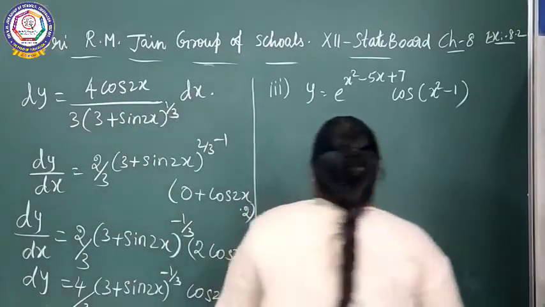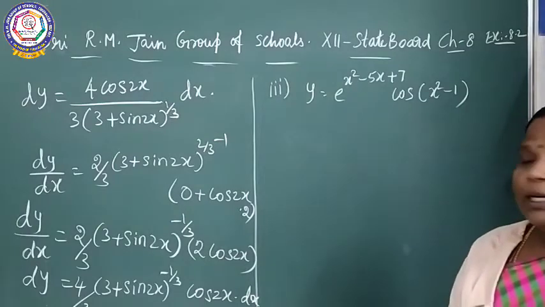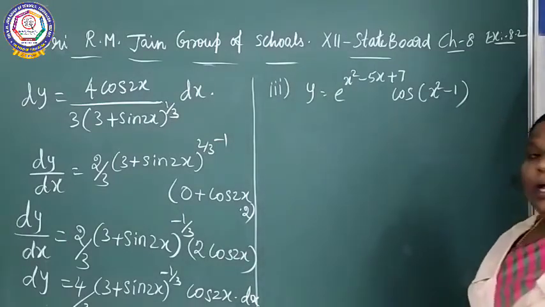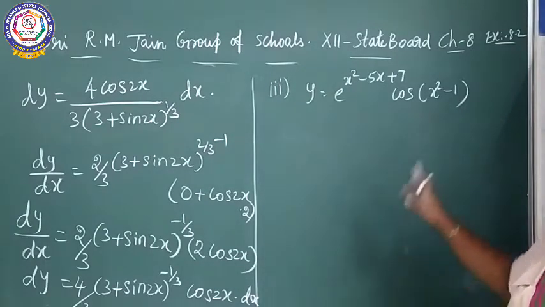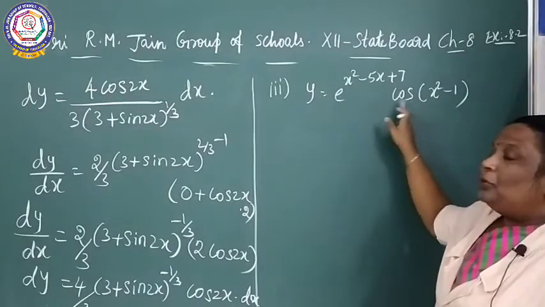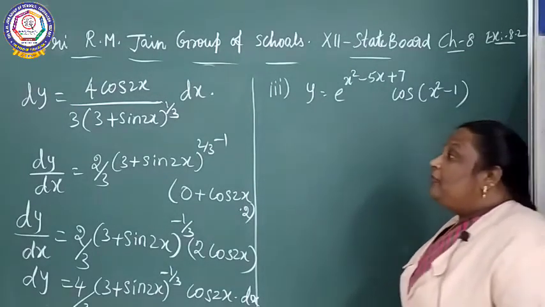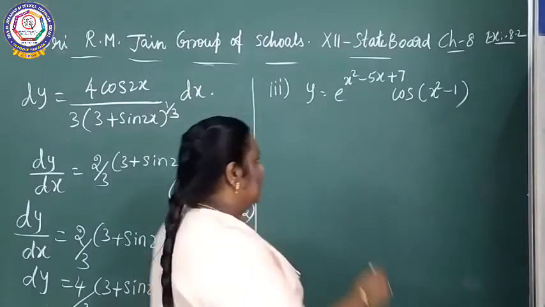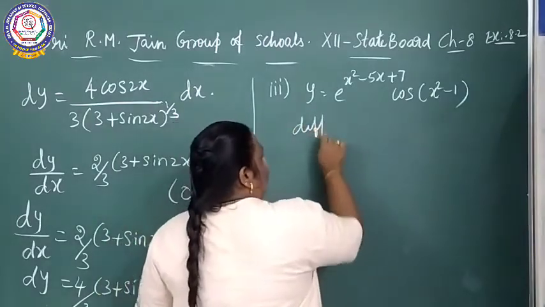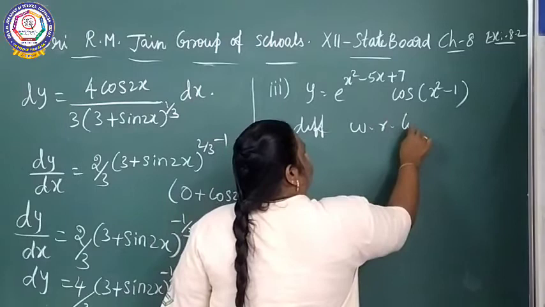Move on to the third one. What is the third one? Y equal to e power (x square minus 5x plus 7) into cos of (x square minus 1). It is a product rule because two x terms are there. So, differentiate with respect to x.